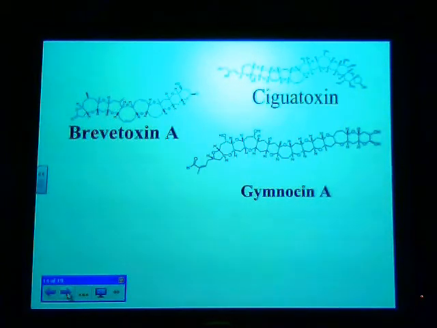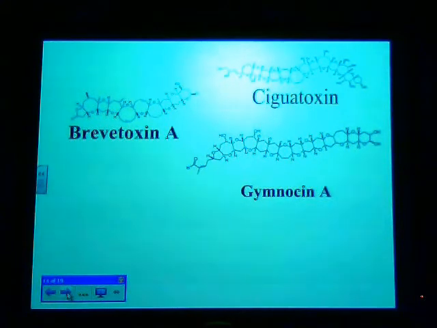Brevetoxin A causes tingling of the limbs, muscle spasms, and dizziness. A person would get it by eating clams, scallops, mussels, and oysters that were contaminated by these organisms. The organism that causes this is called Karenia brevis. That's where the brevetoxin comes from.